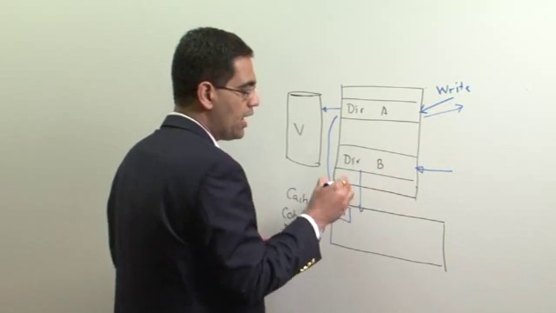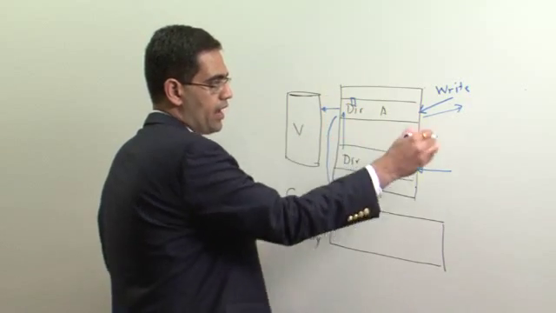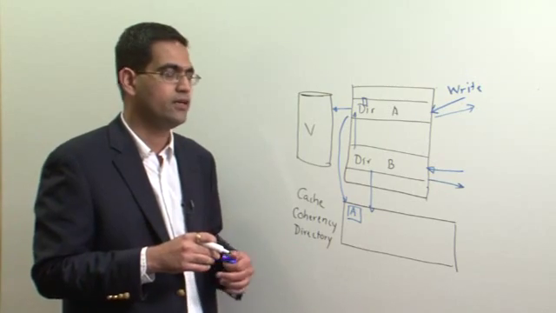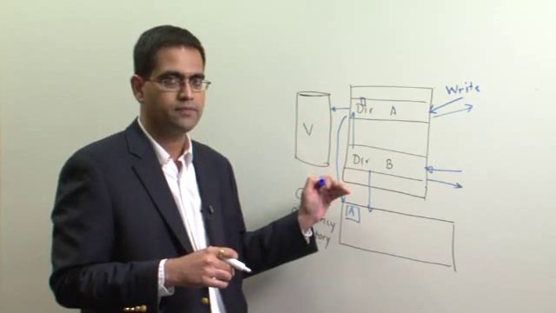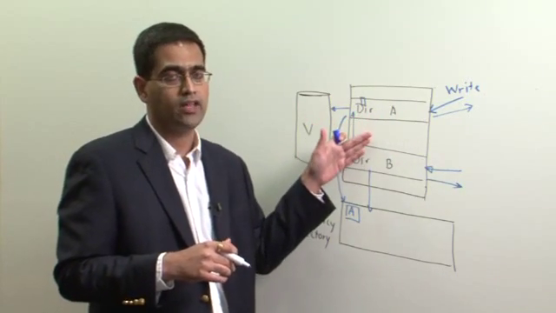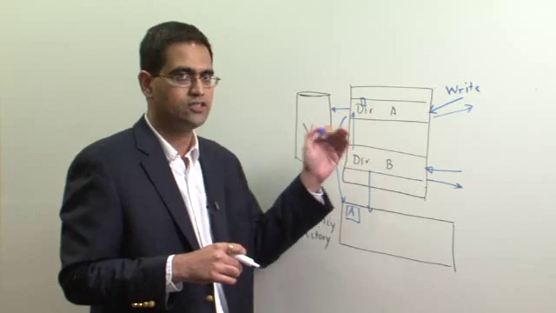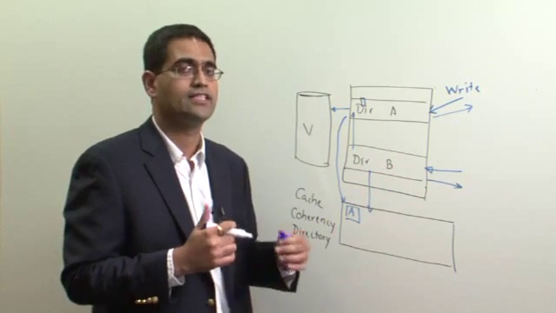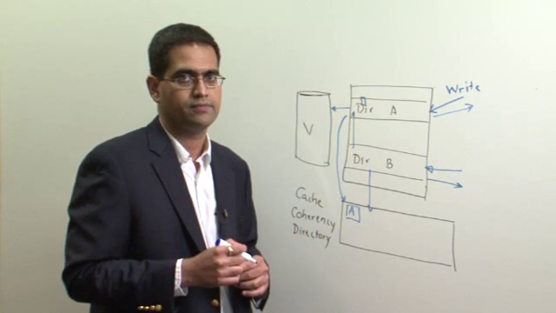And therefore, it now says, let me fetch that data from the cache of A and return it back to the host. So what has just happened? You have the same volume being presented from two different directors. One director has done a write on that volume, and that same block is now successfully and consistently returned from director B. That's how Access Anywhere works at the local cluster level.